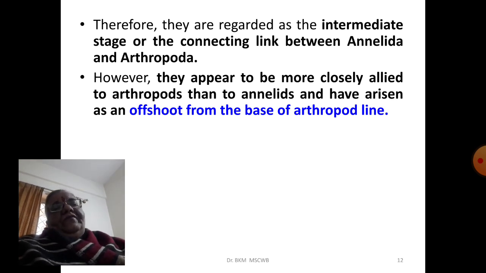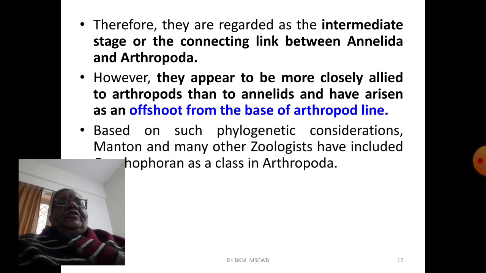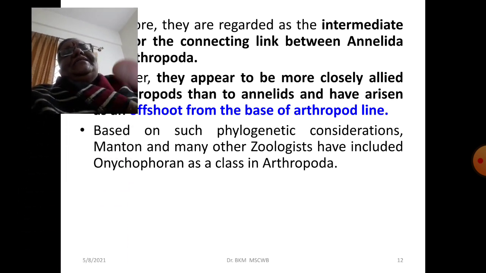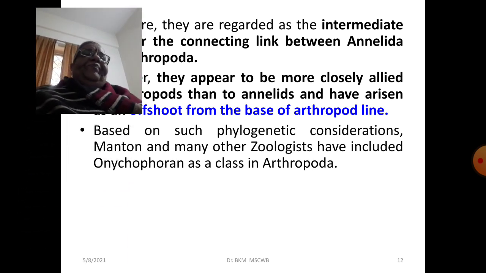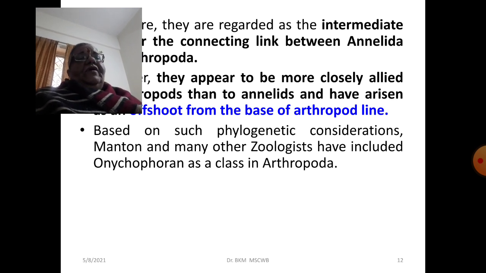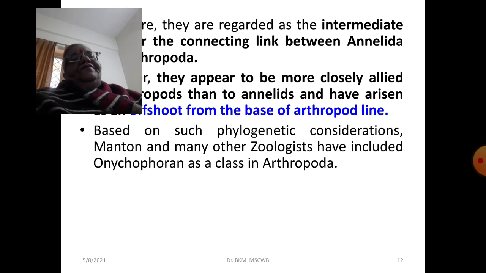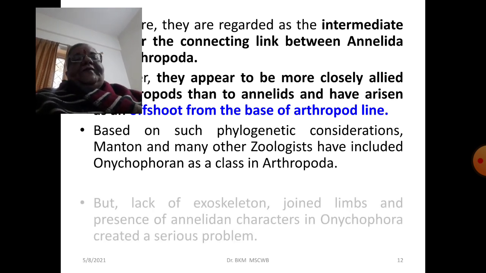Okay? Now, based on these phylogenetic considerations, Manton and many other zoologists of those times included Onychophora as a class in the phylum Arthropoda, telling that it is a primitive arthropod because it resembles annelids in a few characters.